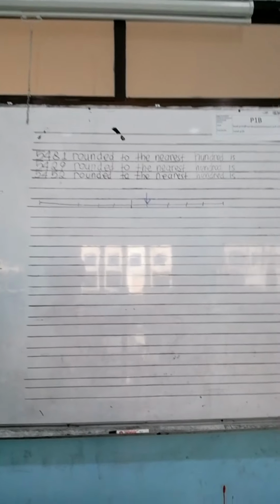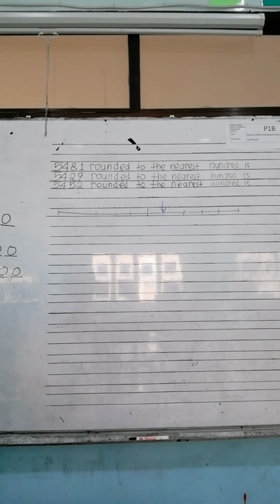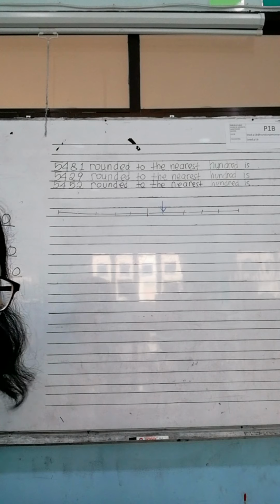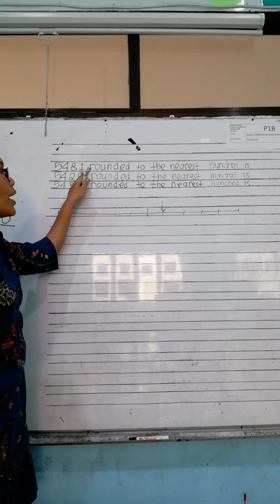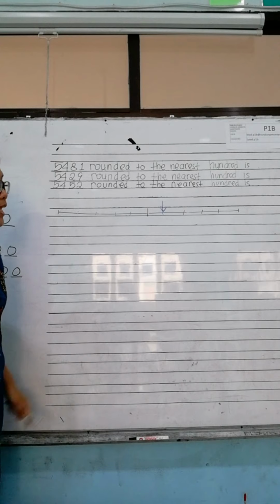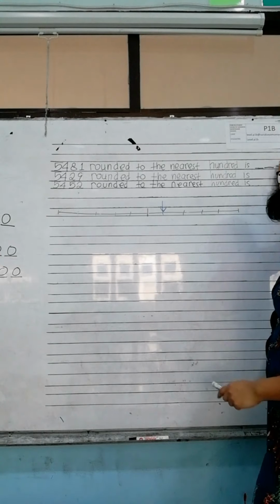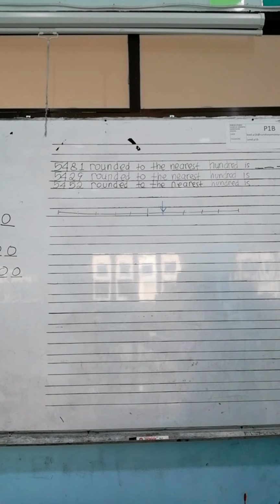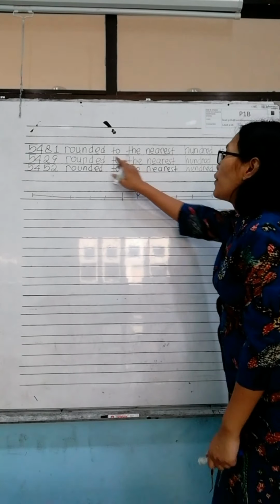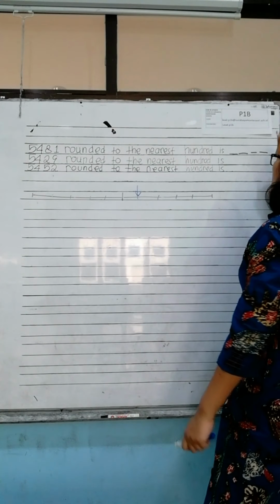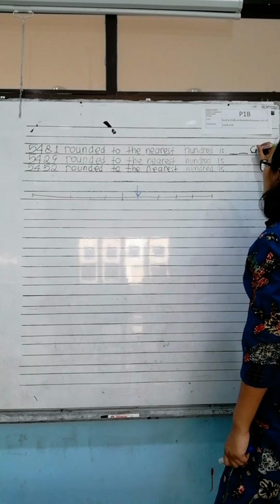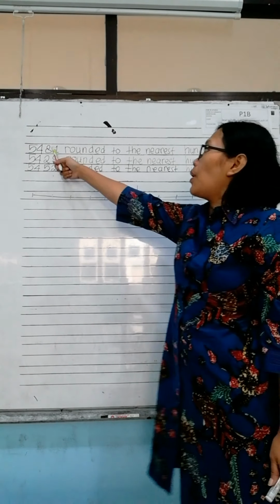Okay, another example. Alright, I have 5,481 rounded to the nearest hundred. Okay, what should we do? It is a 4-digit number: 1, 2, 3, 4. And then, like I've told you before, when it is rounded to the nearest hundred, the ones and the tens are 0.